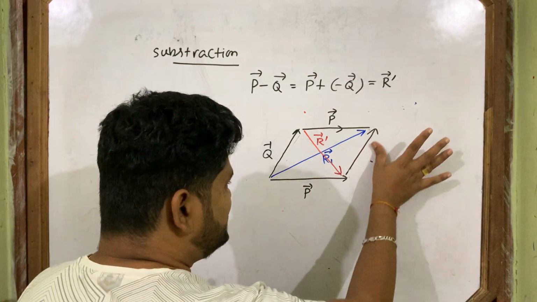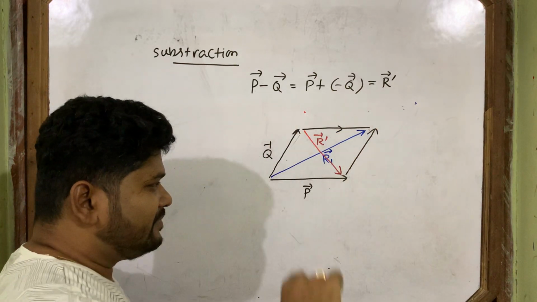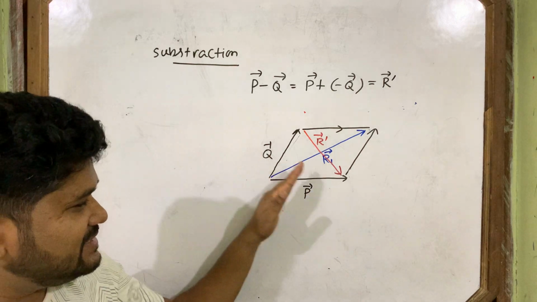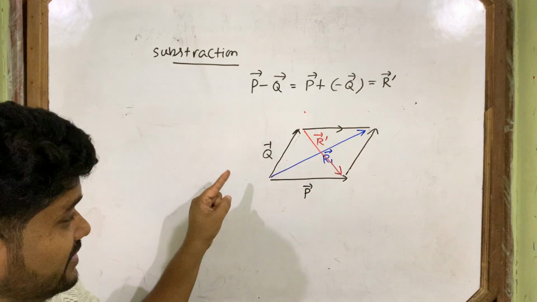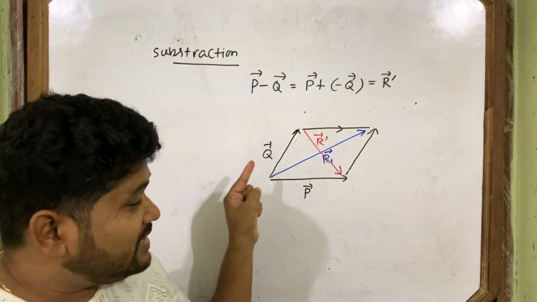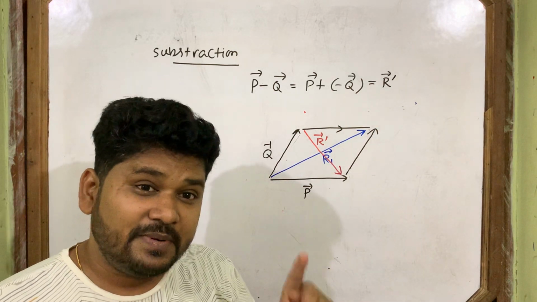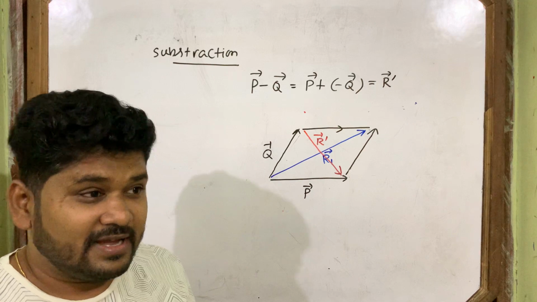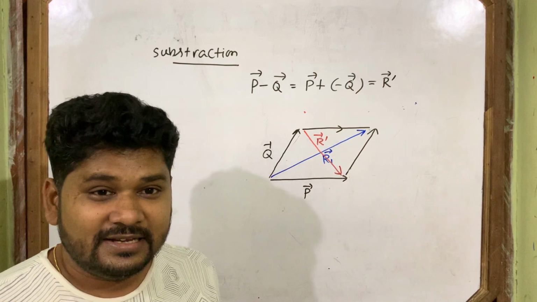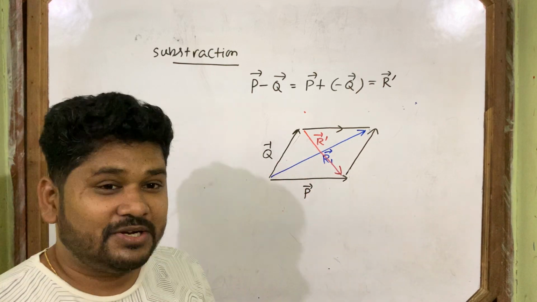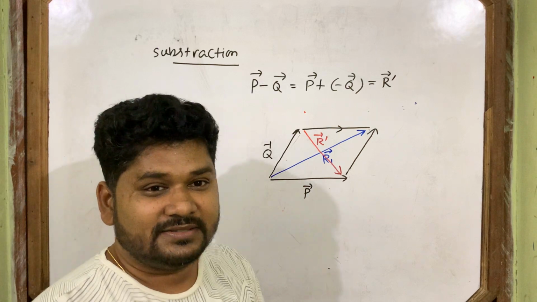a parallelogram. P vector and q vector are two adjacent sides of a parallelogram, and the diagonal starting from the common point is the resultant of addition, and the other diagonal is the resultant of subtraction.